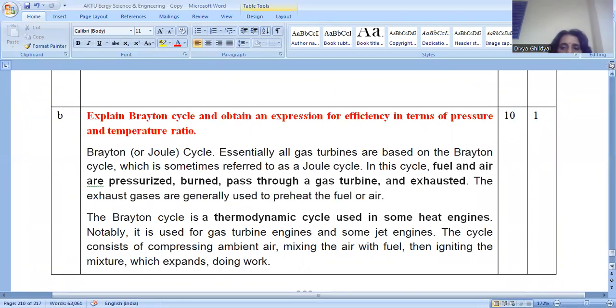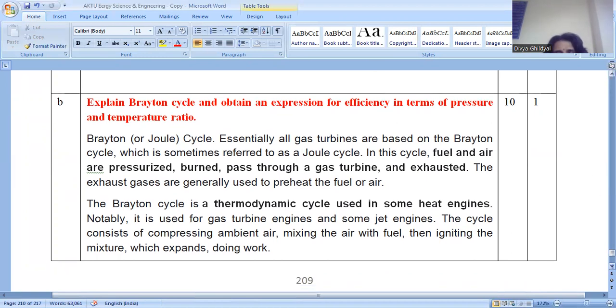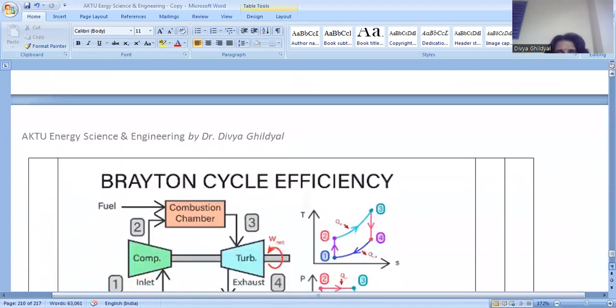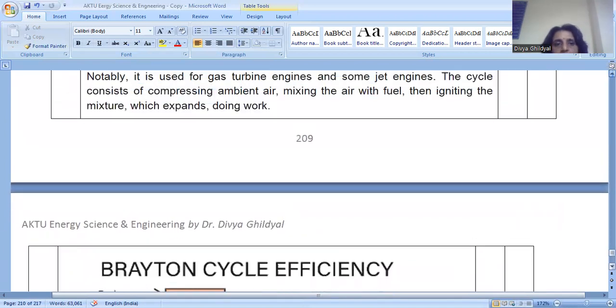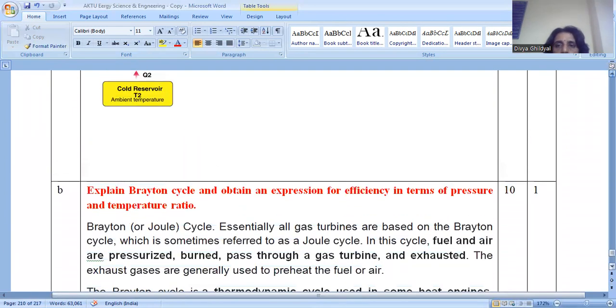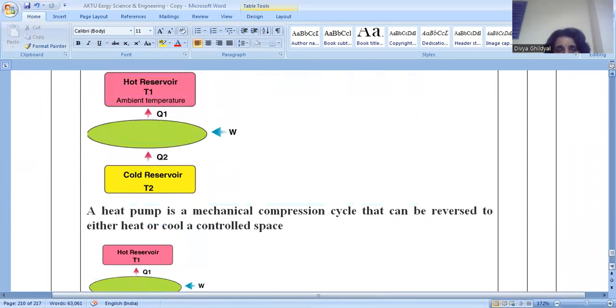All gas turbines are based on the Brayton cycle, which is referred to as the Joule cycle. Fuel and air are pressurized, burned, passed through a gas turbine and exhausted. Once the turbine starts running, I get my electricity through this cycle. Again, it is using fuel as its working substance.